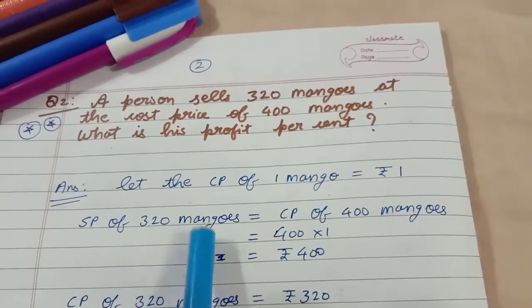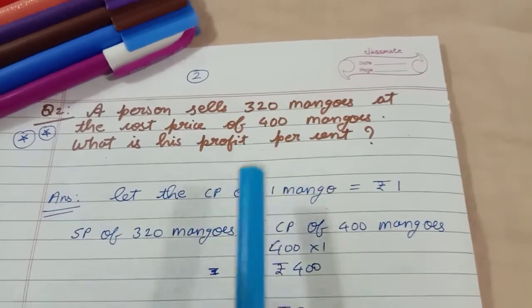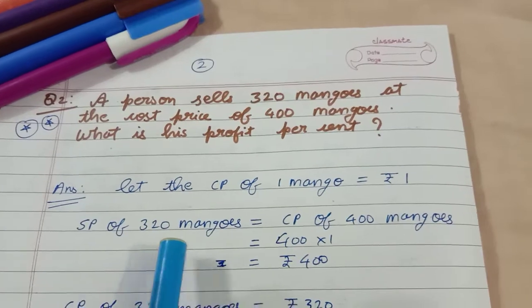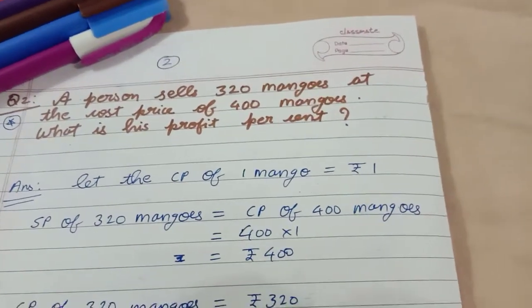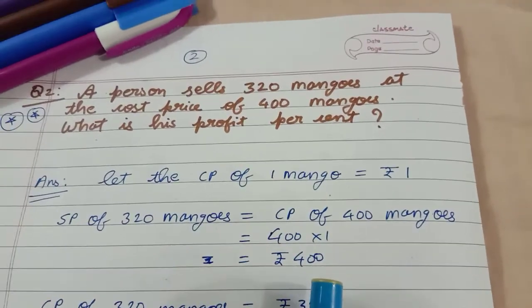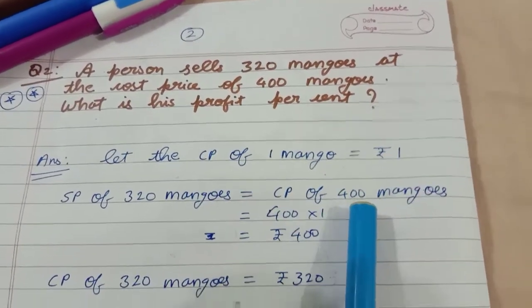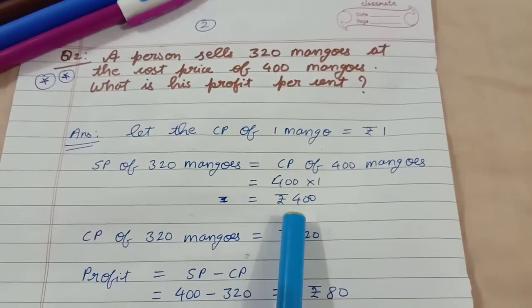It's directly given in the problem, and this is not an amount. But we know the cost price of one mango was rupees 1, so the cost price of 400 mangoes will be 400 into 1, that is rupees 400.